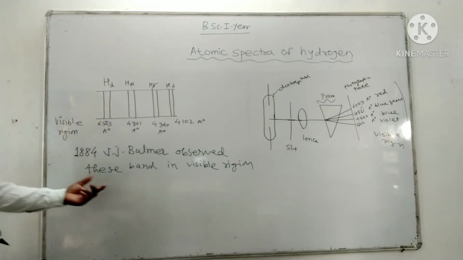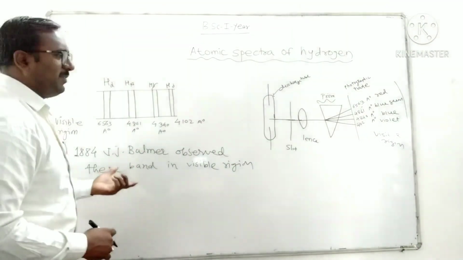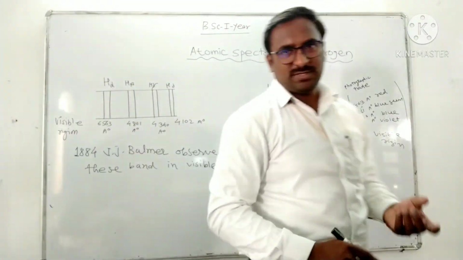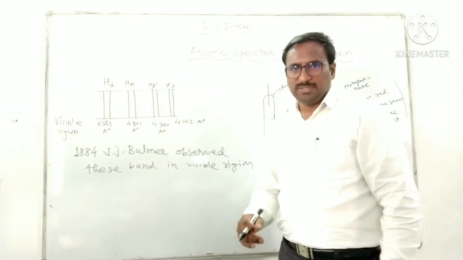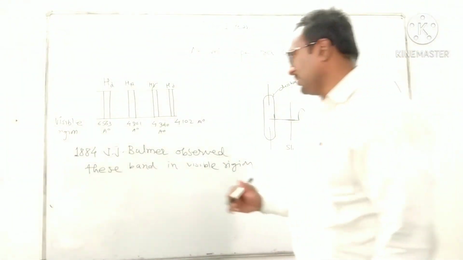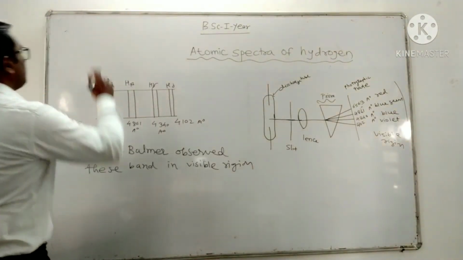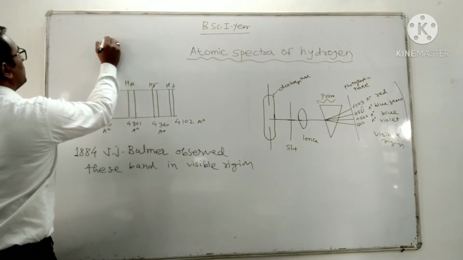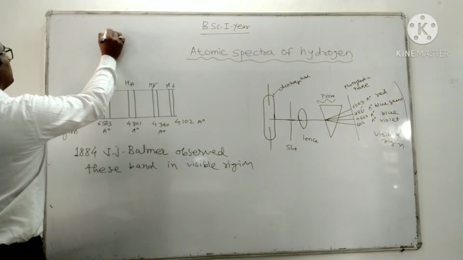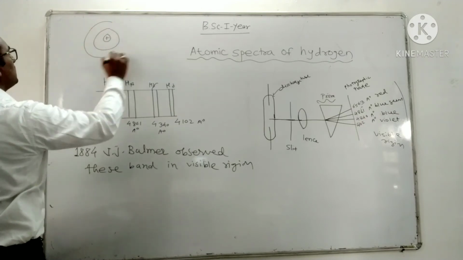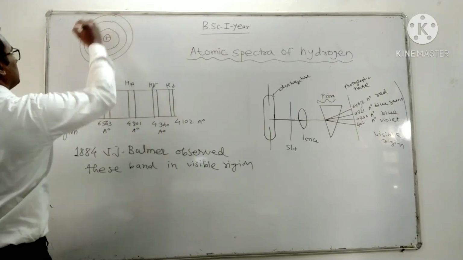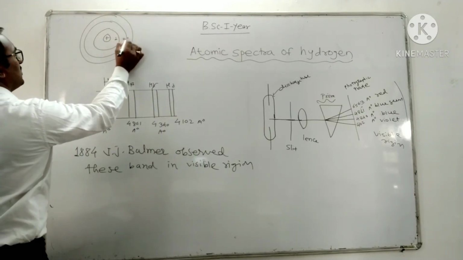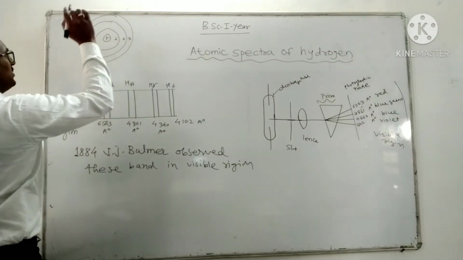So how were these bands obtained? What happens during this electronic transition? That we want to study in short. Suppose we have a positively charged nucleus, then we have various shells. This is our first, second, third, then fourth, and so on.